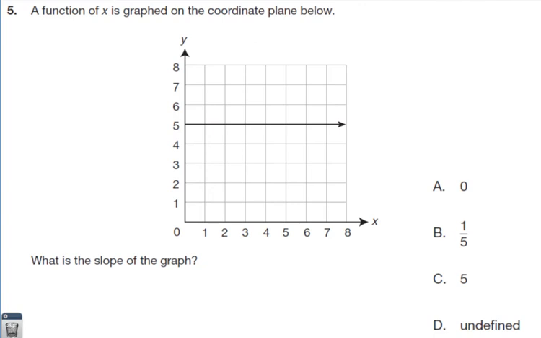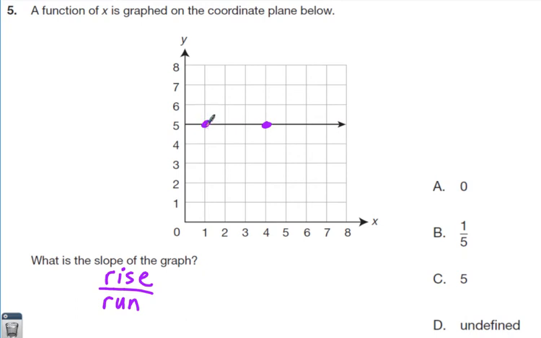Number 5. A function of x is graphed on the coordinate plane. All right, so we have a horizontal line. So the slope of the graph, well, let's say I randomly pick those 2 points. Slope is rise over run, as you should know. Going from this point to this point, we would rise 0.